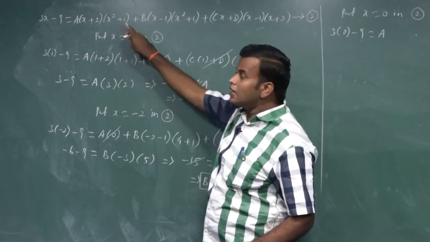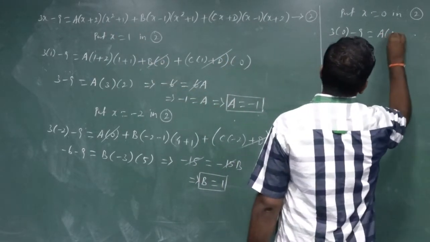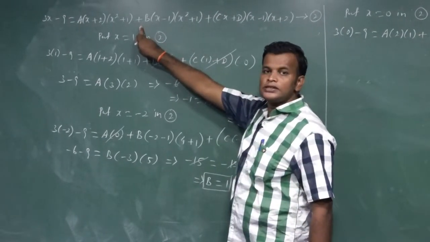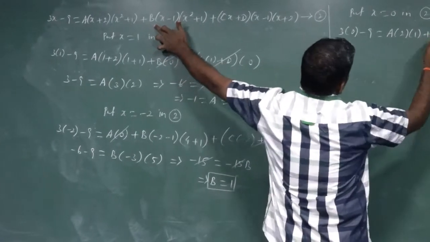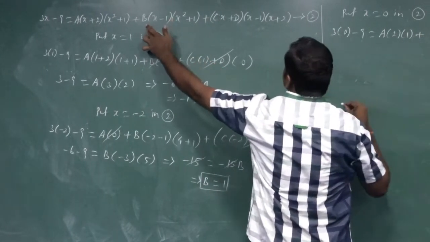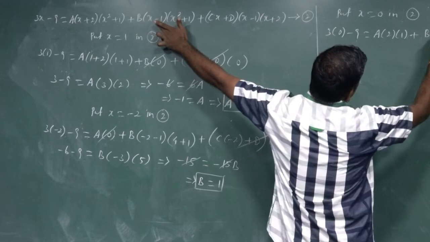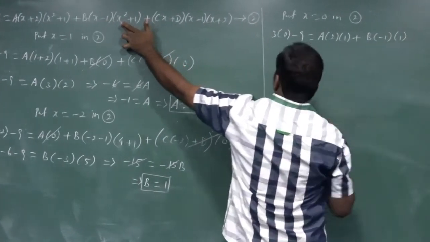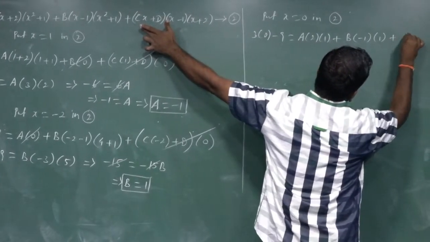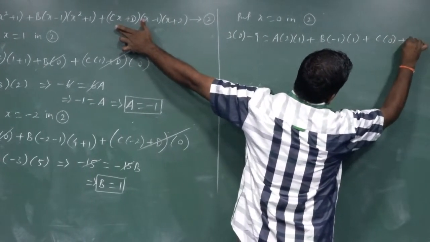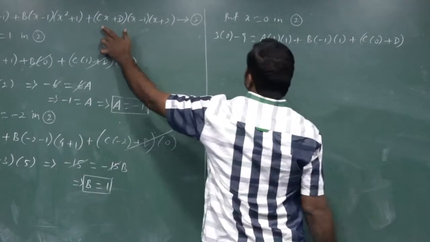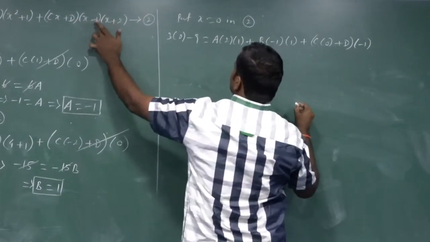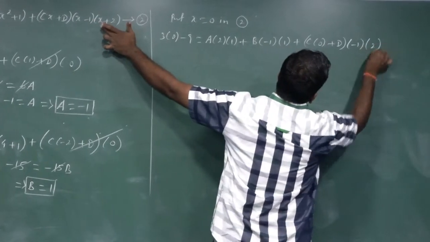So I write a of 2 into 1, plus b of the value of x, 0 minus 1 is minus 1, and 0 square plus 1 is 1, plus c of the value of x is 0, plus d into x, value 0 minus 1 is minus 1, and 0 plus 2 is 2.